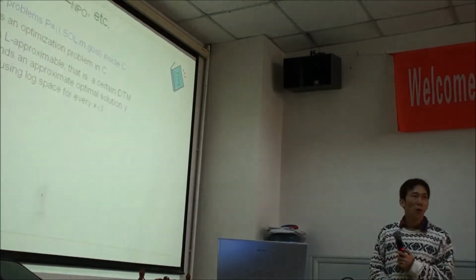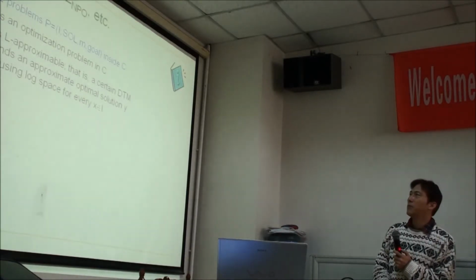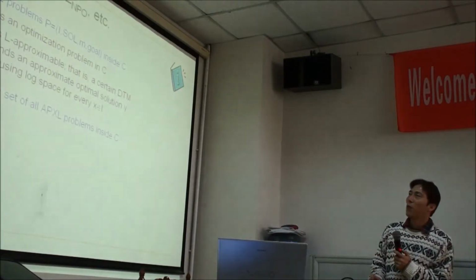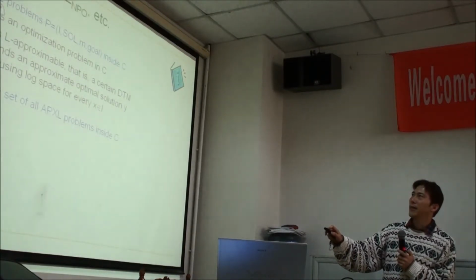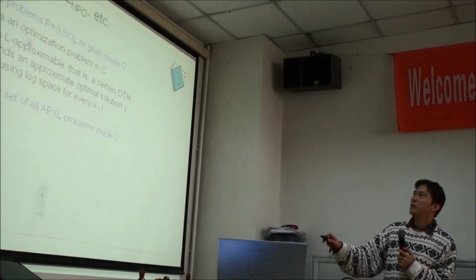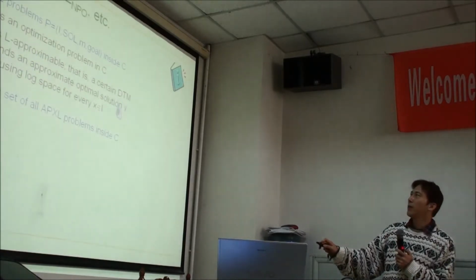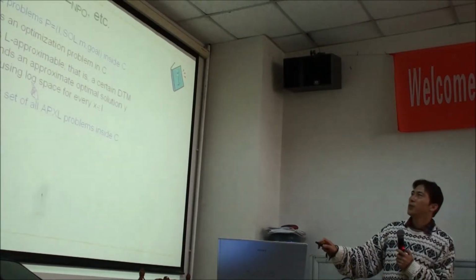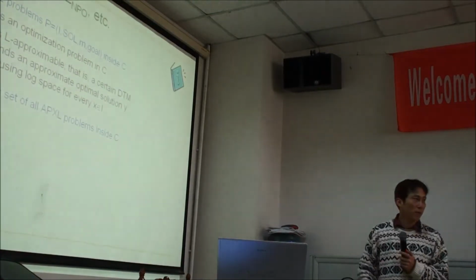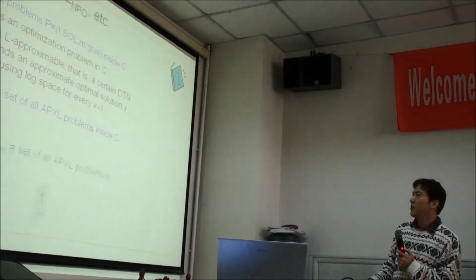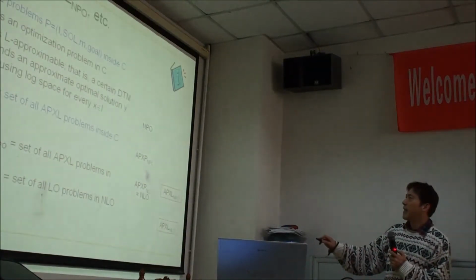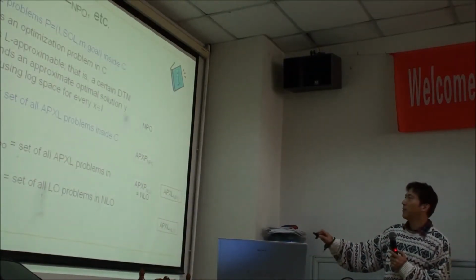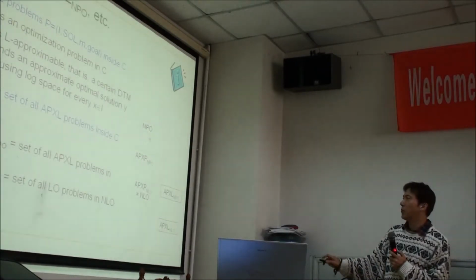Now for approximability, we define it pretty much the same as for the polynomial time. We had the APXP problems before, so now we take the logarithmic computation to define the APXL problems. The situation is like this: APXP, the polynomial time approximable complexity class, is a subset of NPO.